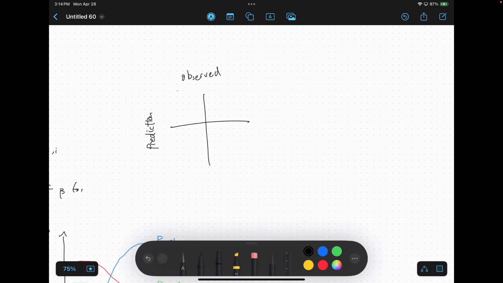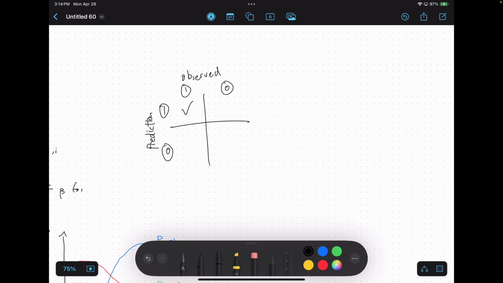Let's say our binaries are, I'll just write it like this, 1, 0, 1, 0. If I make a prediction and I got the right outcome, you could do this.